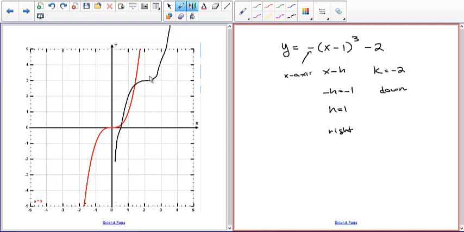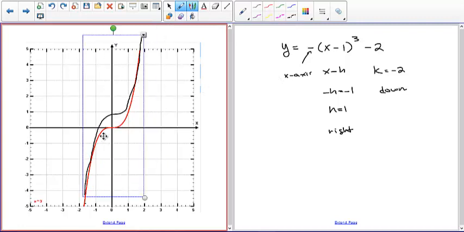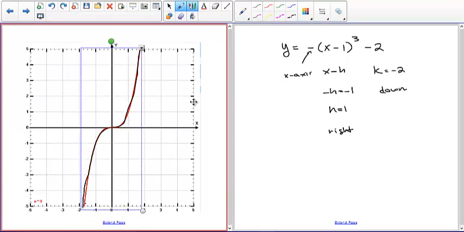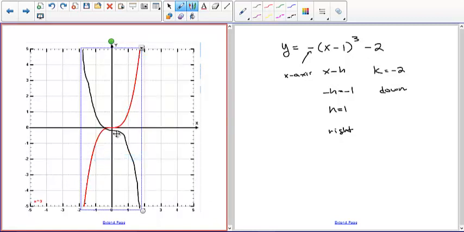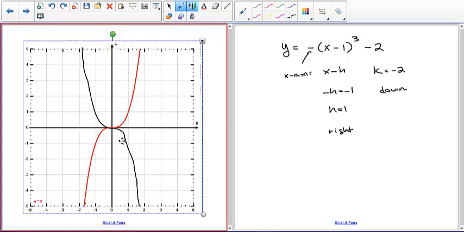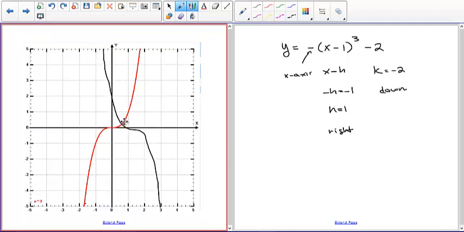So let's pull this thing back down again. So here it is. Again, you do the reflection first. We're going to take that and flip it top to bottom. So that's reflecting it across the x-axis. This goes down to there. Then we shift to the right 1 unit, and then we shift down 2 units like that, and you get that.